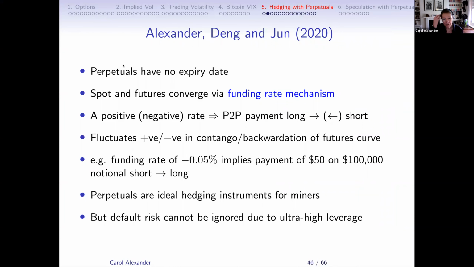So I've already said that a positive or negative rate gives the peer-to-peer payment. If I'm long 4 contracts, I have a certain funding payment to make, which the exchange platform will then distribute between the person who's shorted 1 and the person who's shorted 4, if you see what I mean.